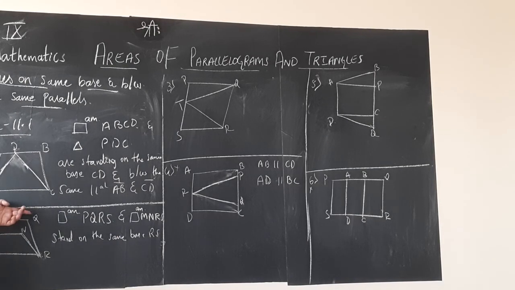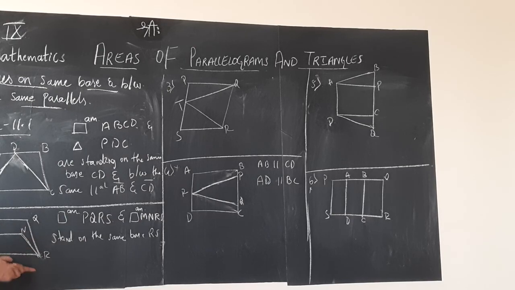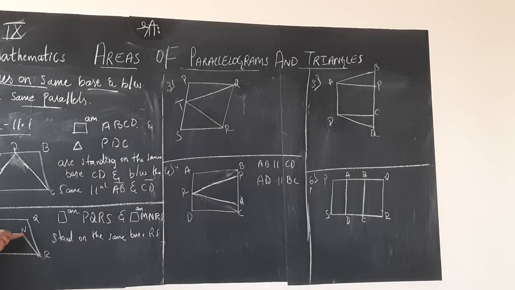For PQRS, the opposite sides are PQ and RS. Similarly for MNRS, we consider MN and RS. So they have a common side RS, but the two parallelograms have separate opposite sides, PQ and MN. Are they lying between the same parallels or not?